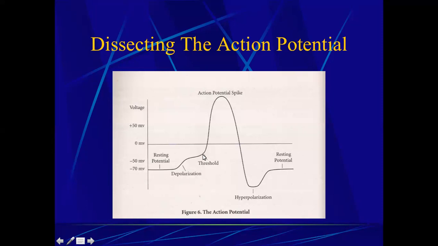If it hits the threshold, which we said was roughly negative 50 millivolts, you're going to have a spike where it actually temporarily becomes positive, as Shannon said. So this whole part up to the peak is the rising phase of the action potential, which I said is largely due to sodium.